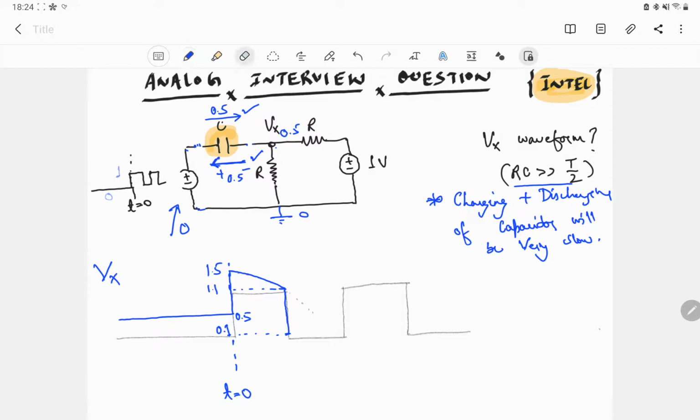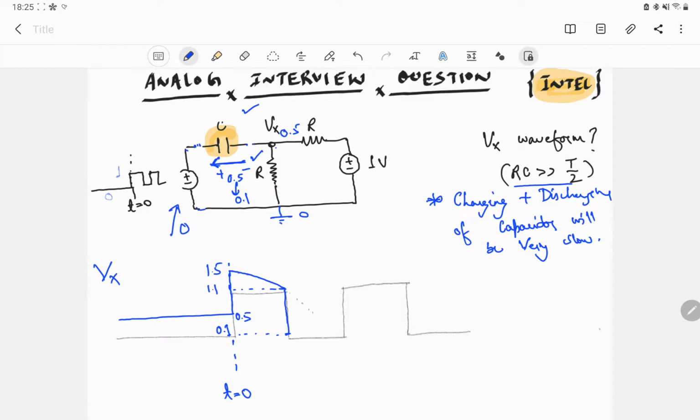This is the previous one, the above one, so we could remove it. So 0.1 is the voltage across it right now. The capacitor actually wanted to get that voltage, but it got only 0.1 volt. So it's not exactly 0.5. The voltage across the capacitor is 0.1 right now.